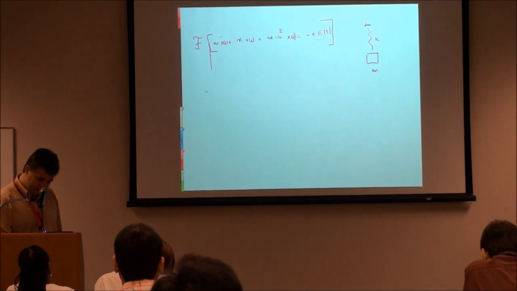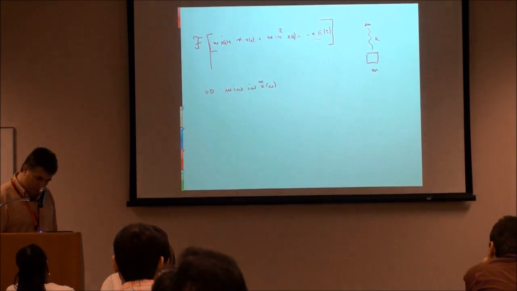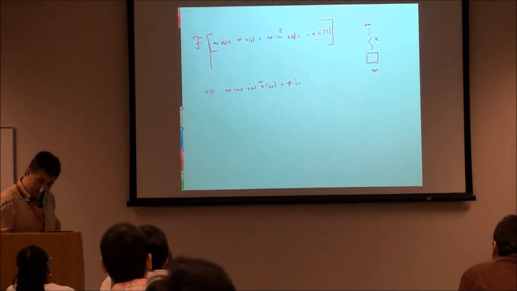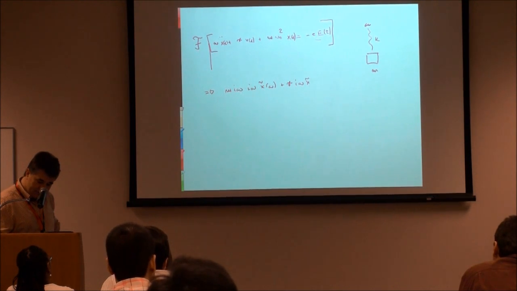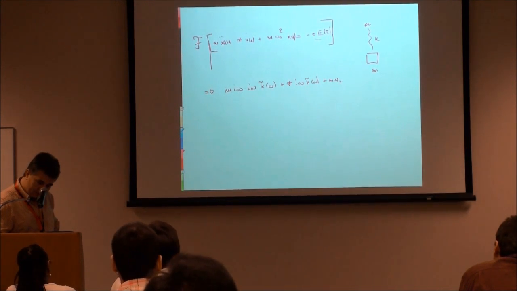So the Fourier transform of this thing is what? m times i omega times i omega x tilde of omega, I can put the tilde to be more correct, plus gamma times i omega x tilde of omega, that's the Fourier transform of x, plus m omega naught squared x tilde of omega.